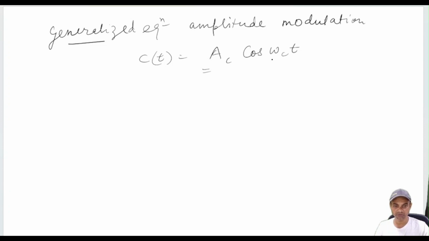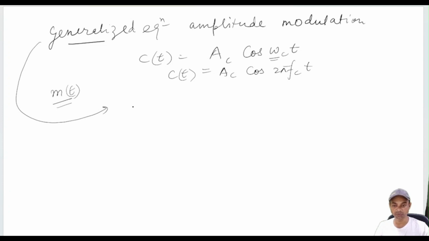I am writing in terms of frequency, c(t) equal to Ac cos 2 pi fc t, and here our message signal is m(t).